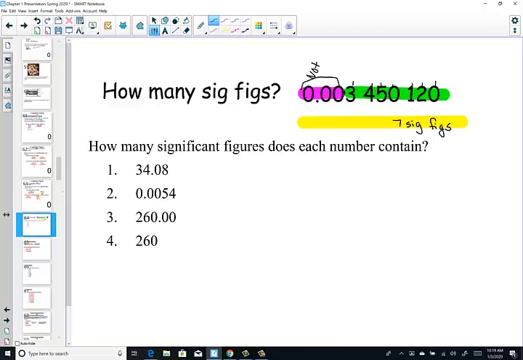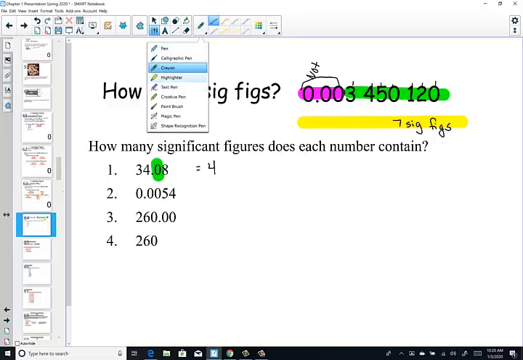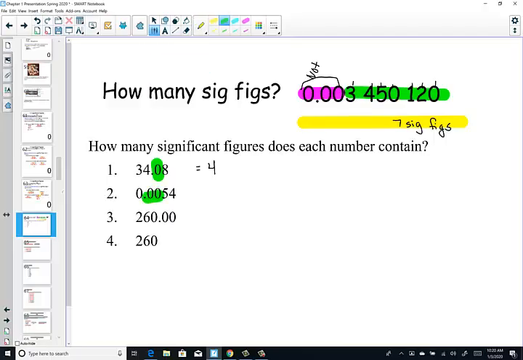Here we have an example where we have 34.08. 34.08 has a 0, but it's between two non-zero values. Therefore, all numbers are significant. In our next example, we have 0.00054.